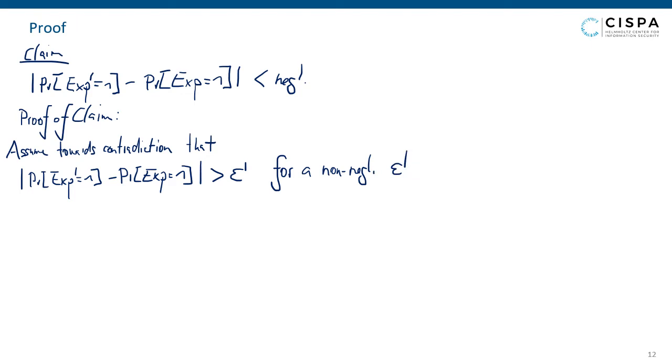And what we will do is construct a PPT adversary A prime with advantage epsilon prime against the IND-CPA security of the KEM.